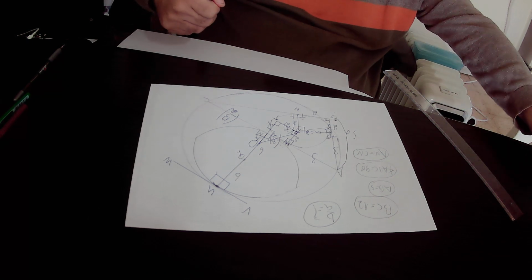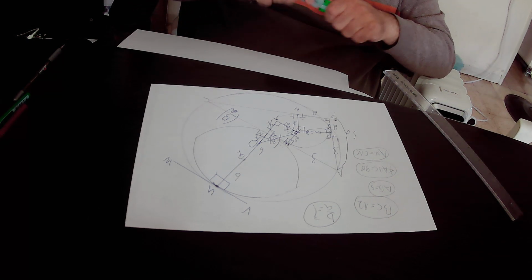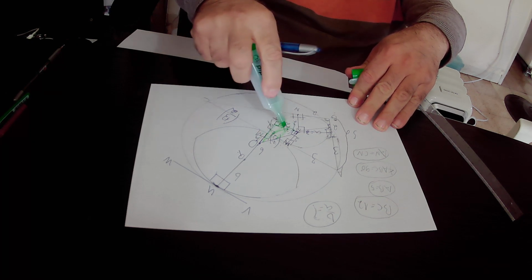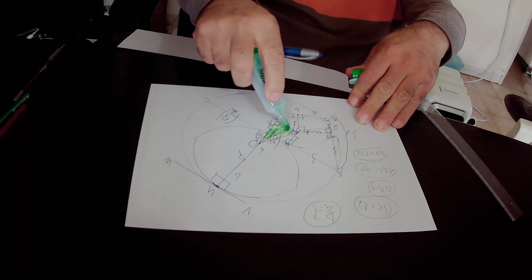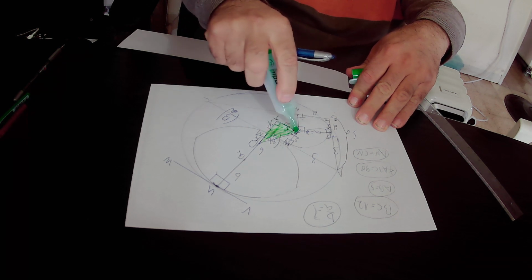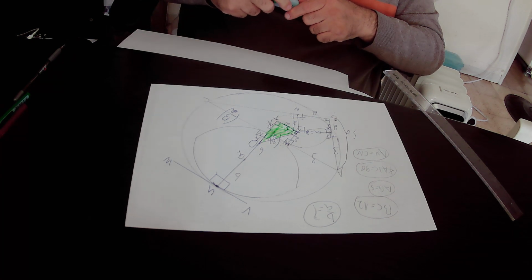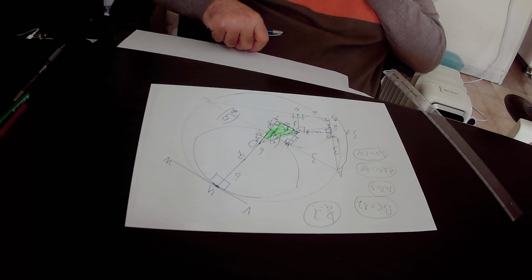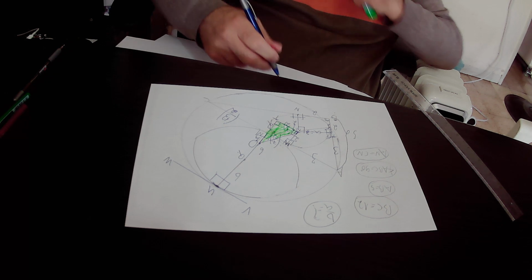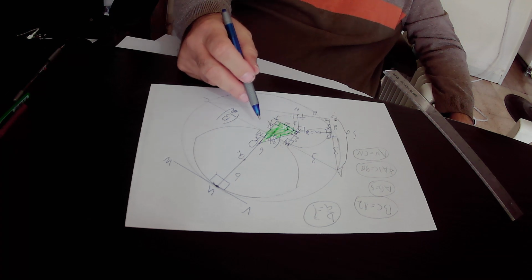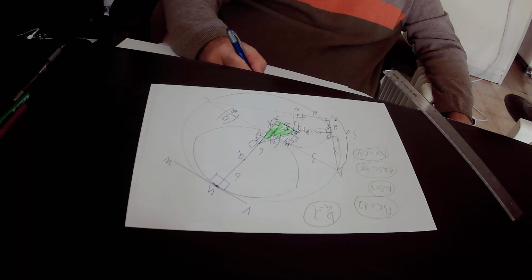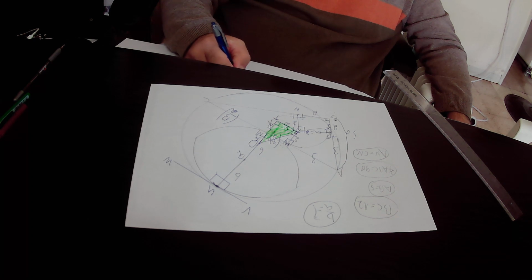Then we focus on the green right triangle PTO. We'll implement the Pythagoras theorem on the green triangle PTO. In the green triangle POT, according to the Pythagoras theorem, PT is the abbreviation for Pythagoras theorem.